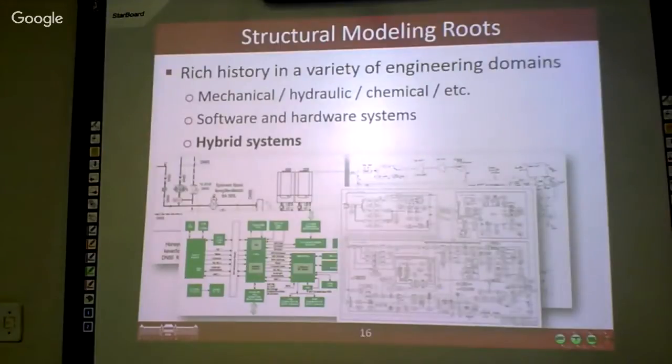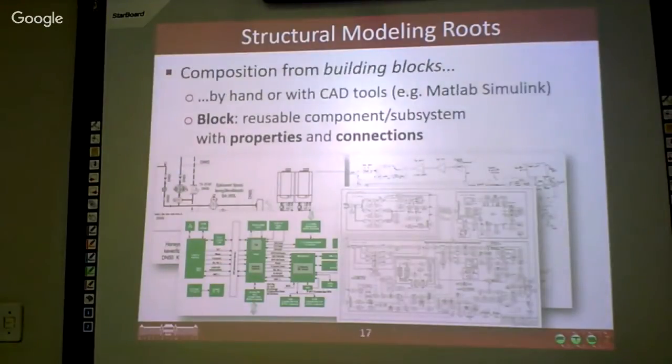It has a very rich history in a variety of engineering domains, so mechanical, hydraulic, chemical, and software and hardware engineering, and also hybrid systems can be developed in this way. So in structural modeling, we compose our system from building blocks.